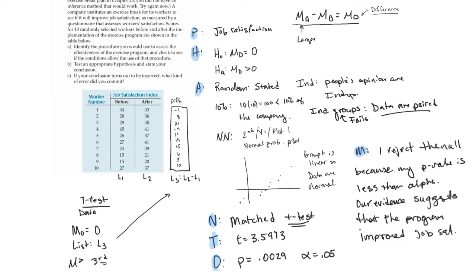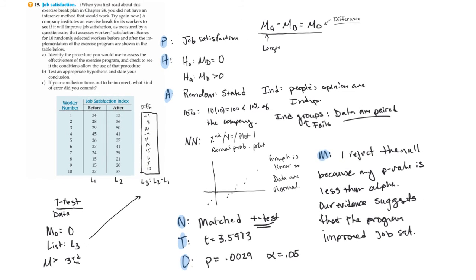And that completes the whole picture, right? That way we would be able to say that the program that they created worked, it improved job satisfaction, and went from there.